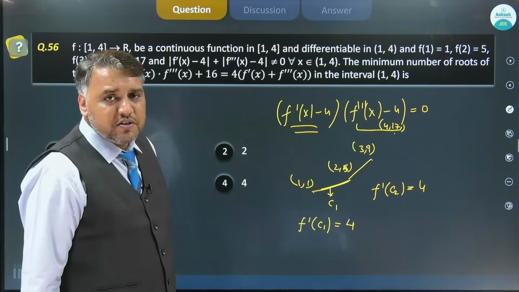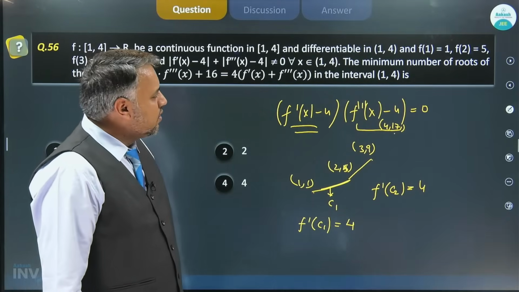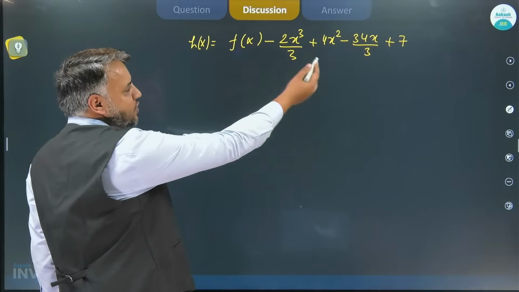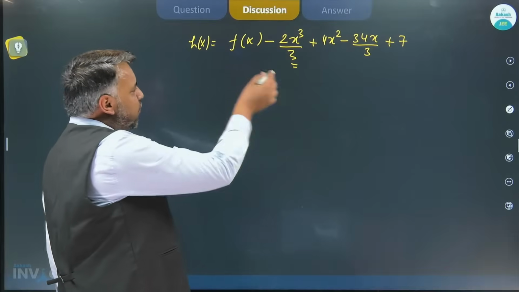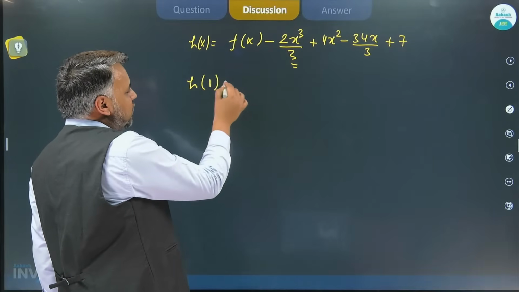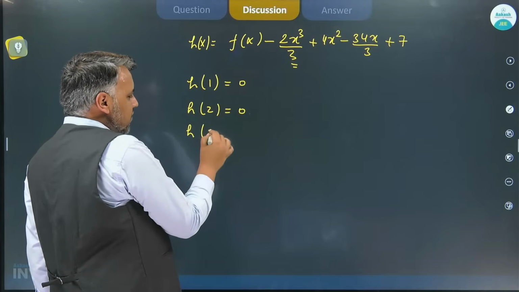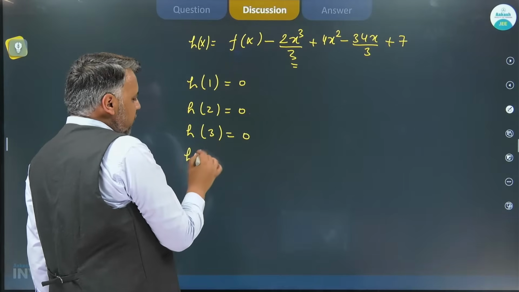So you'll get 4 equations, you'll get the value of a, b, c, d. Now if this cubic passes through these 4 points, then h of 1 will be 0, h of 2 will be 0, h of 3 will be 0 and h of 4 will be 0.